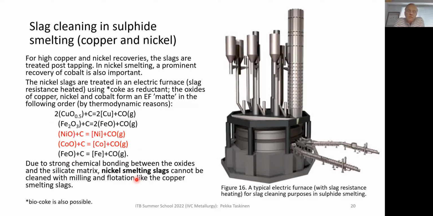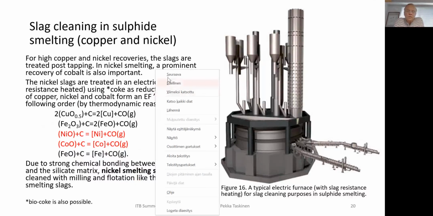We can't recover nickel, cobalt, probably copper yes, but not nickel and cobalt from nickel smelting slags with the typical process step mentioned by Long Gong Sha, done in copper smelting. So it is milling and flotation.